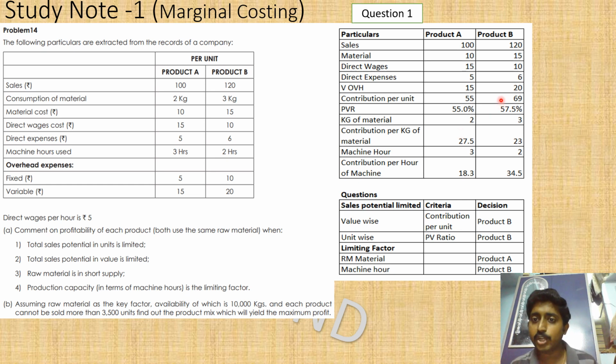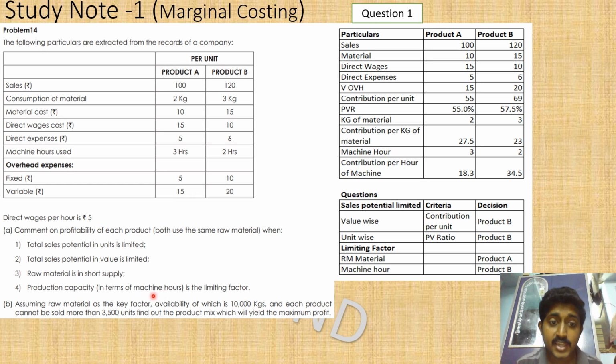Similarly, 69 contribution from 3 kg of raw material, so 69 divided by 3, 23 is the contribution earned per kg of raw material. So product A has the higher contribution per kg of raw material, so that is better.